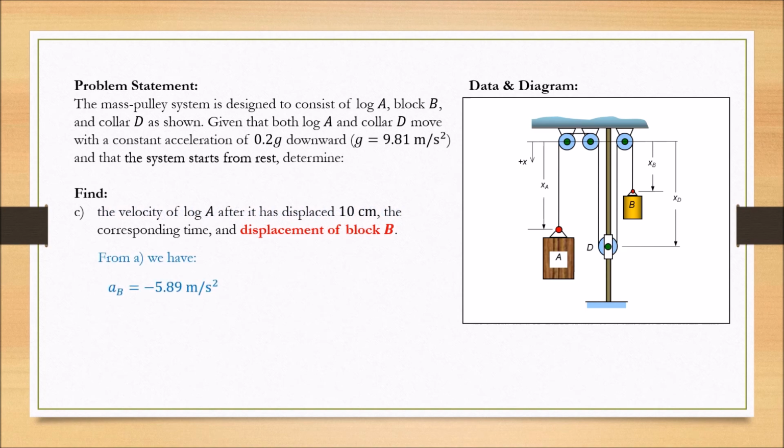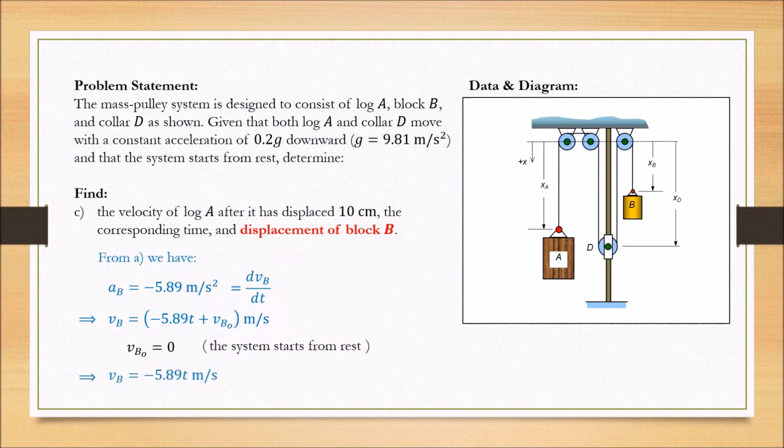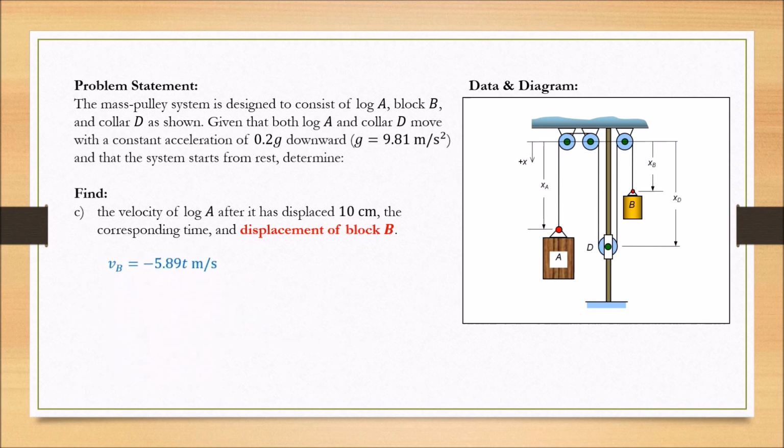To calculate the displacement of block B, we have aB, the acceleration, equal to negative 5.89 meters per second squared, which is dvB over dt. Integrating that, we have vB equals negative 5.89 t plus vB naught meters per second. However, we have vB naught equal to 0. Why? Because the system starts from rest. So we have vB equal to negative 5.89 t meters per second. vB is equal to dxB over dt.